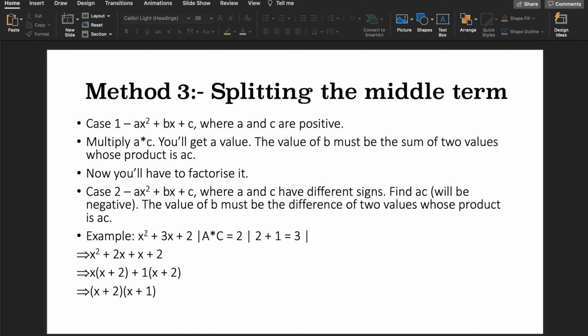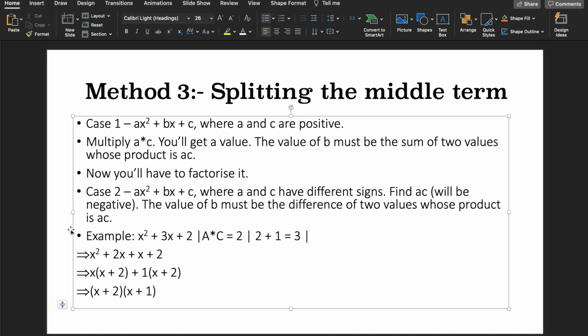Okay, so we have x squared plus 3x plus 2. What is AC? It's 1 into 2, that is 2. So what are the factors of 2? Since it's positive, we're using case 1, remember? There's only one, 2 into 1. 2 plus 1 equals 3, which is B. So that's correct.